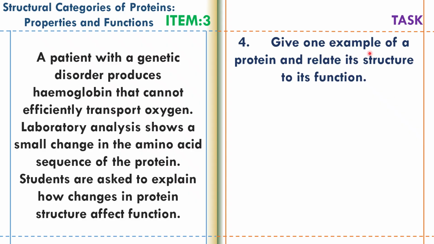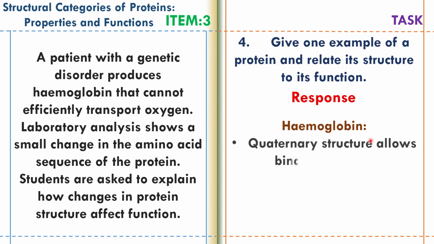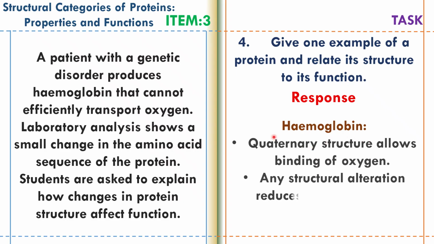Give one example of a protein and relate its structure to its function. Hemoglobin has a quaternary structure, which allows binding of oxygen. Any structural alteration reduces oxygen transport efficiency.